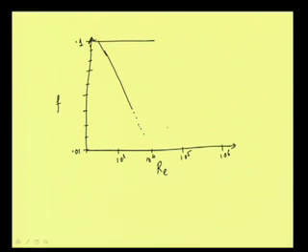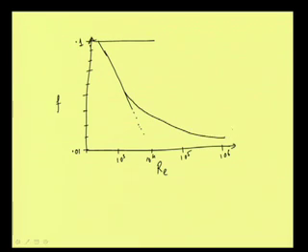Till this point, where the Reynolds number is less than 2000, the roughness is not influencing, but gradually the roughness will start influencing. We can have a curve like this.